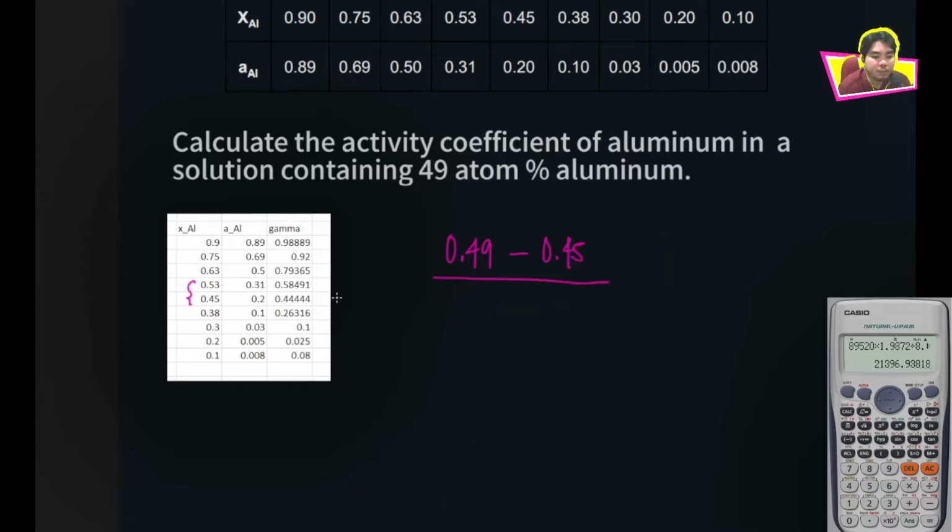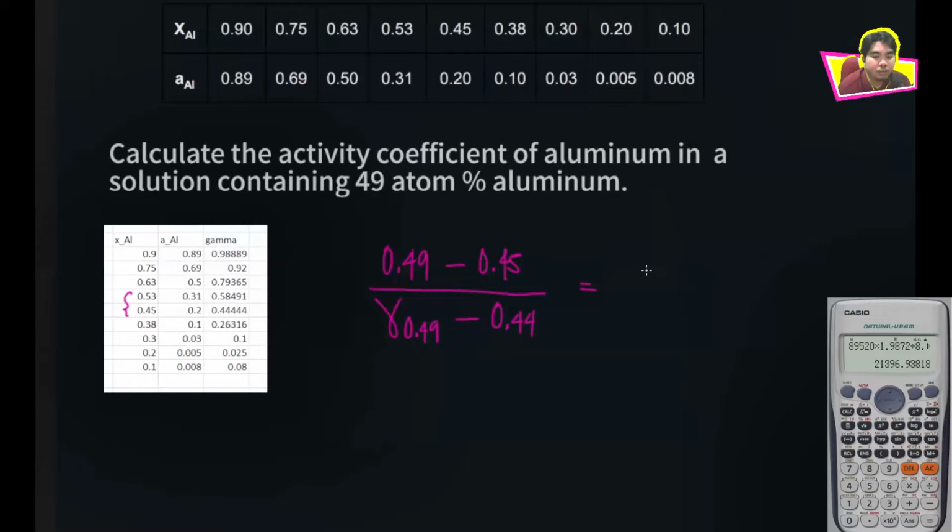We don't know the gamma of 0.49, pero we know the gamma of 0.45, which is 0.44.